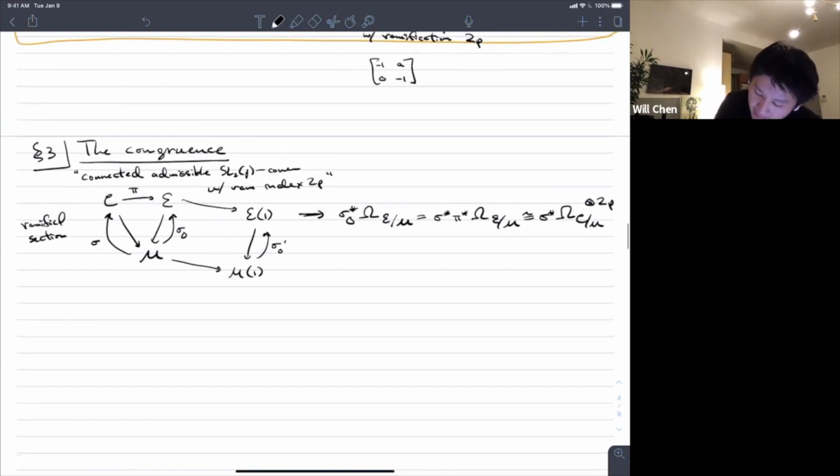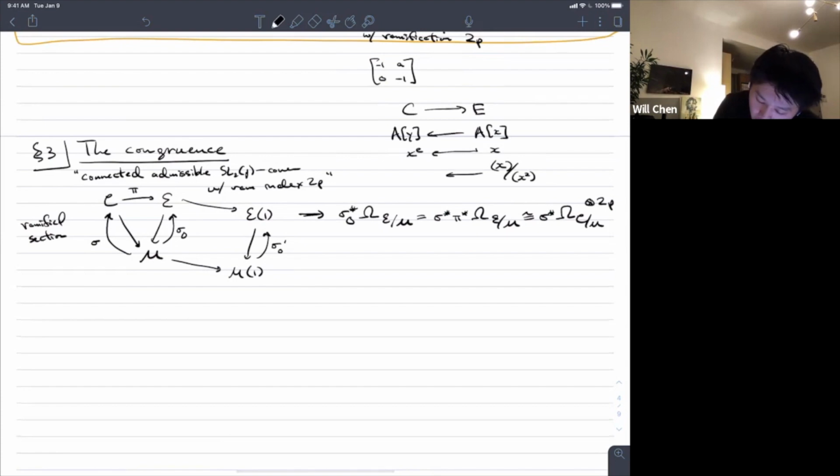And this corresponds to the fact that the étale local picture of an admissible cover is like this. A bracket X maps to A bracket Y. So here's C to E. It sends Y to X to the E, where E is the ramification index. And so this induces a map from the conormal sheaf, Y to the E mod Y to the E plus 1.